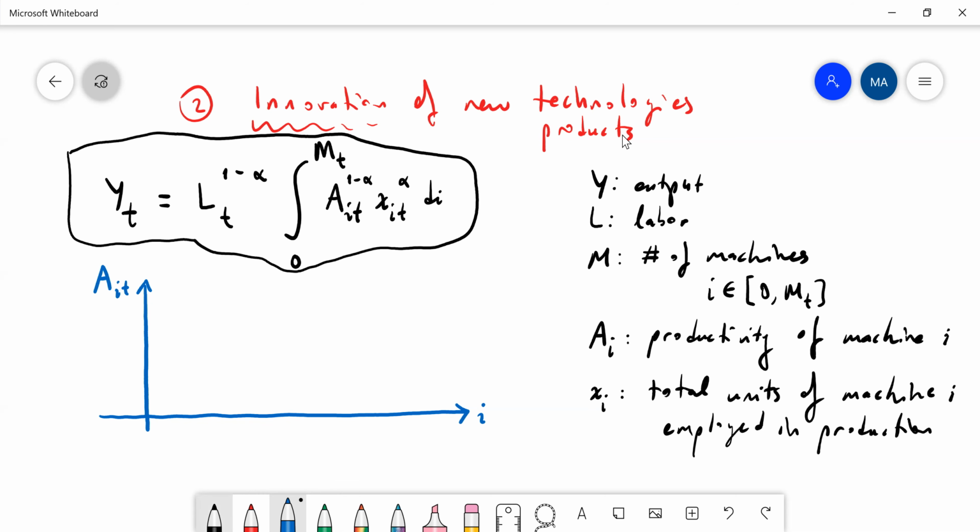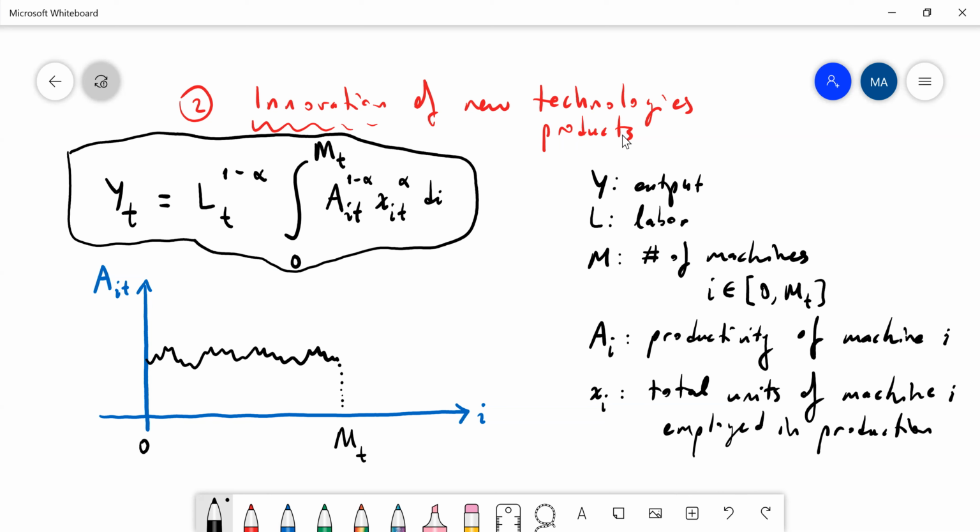At any given time, these machines have a productivity distribution, so they have different levels of productivity at time t. So this is 0, this is M_t, and each machine has a particular level of productivity that we show on the vertical axis.